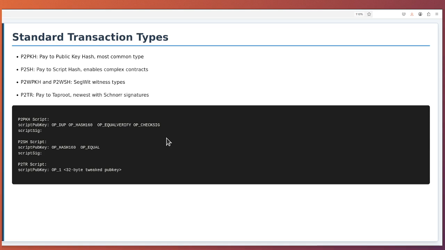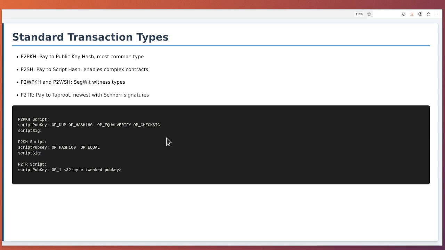Pay-to-witness-public-key-hash, or P2WPKH, and pay-to-witness-script-hash, or P2WSH, are SegWit transaction types introduced in 2017. These move the signature data into a separate witness structure, providing a transaction malleability fix and an effective block size increase. Pay-to-Taproot, or P2TR, activated in 2021, is the newest standard type.